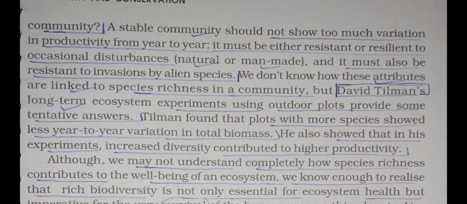So these three points are the characters of a stable community. You will remember all these points. Okay, now see, next one is what? We don't know how these attributes are linked to species richness in a community. Okay, so we don't know how all these aspects are connected with the particular ecosystem, meaning a community.